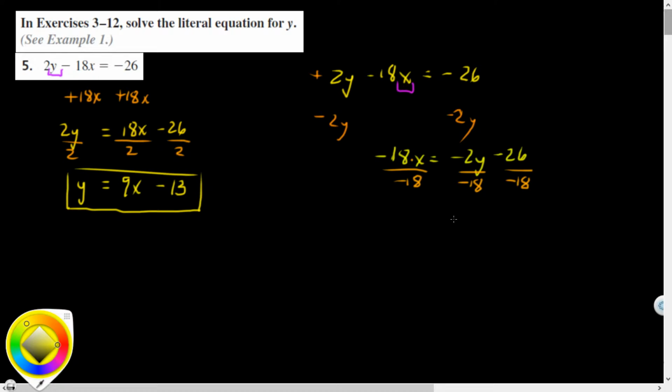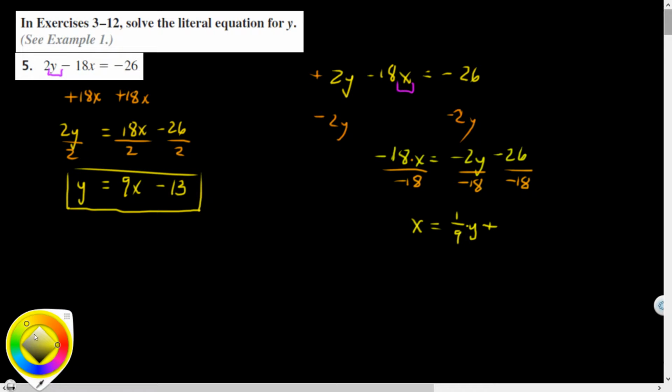I'll have x equals negative divided by negative is positive. 2 and 18 are both divisible by 2. 2 goes into 2 once and into 18 9 times. I'll write that as 1/9 y. This y is next to it, it's not under the denominator. You could have written this as y over 9 as well. That's fine. Negative divided by negative is positive, so I'm going to write this as a plus sign.